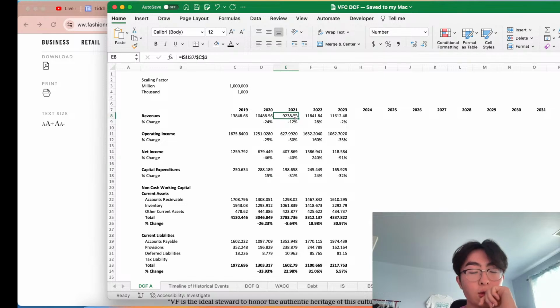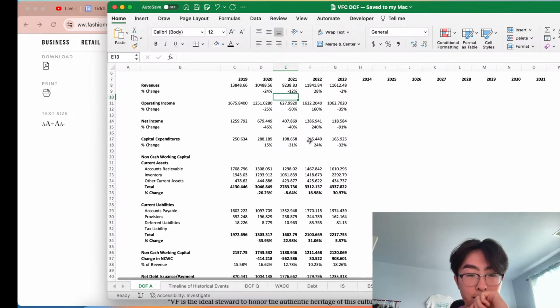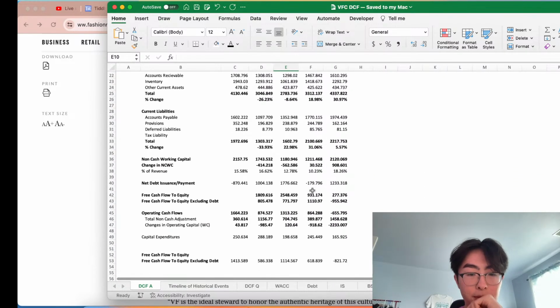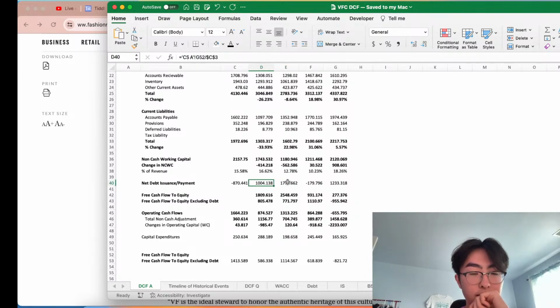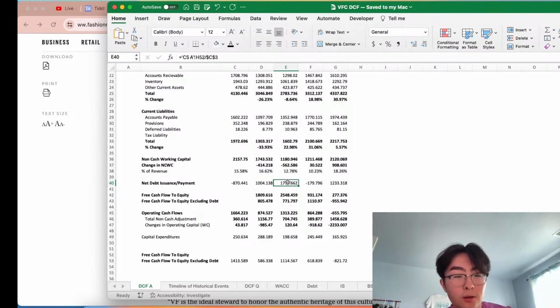So this is in fiscal 2021. That is when the firm issued a bit more debt. Okay, so net debt issuance payments.